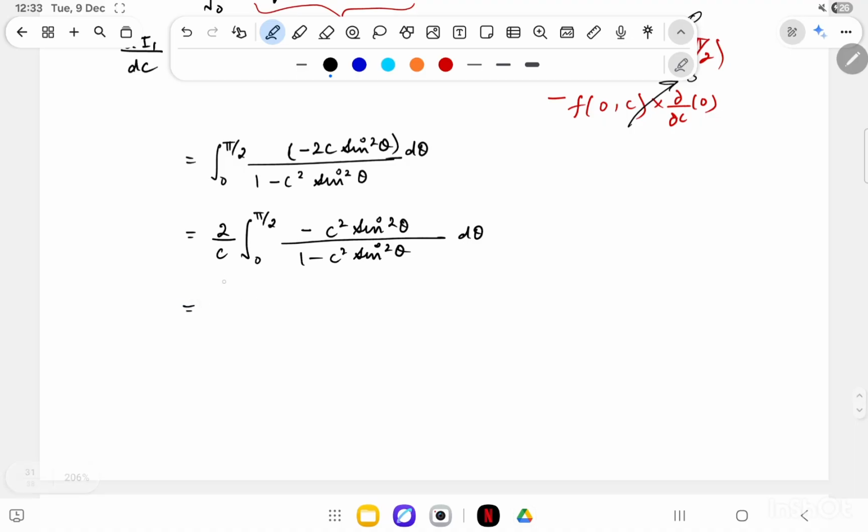and it further simplifies to, I can just add and subtract 1 in order to simplify it.